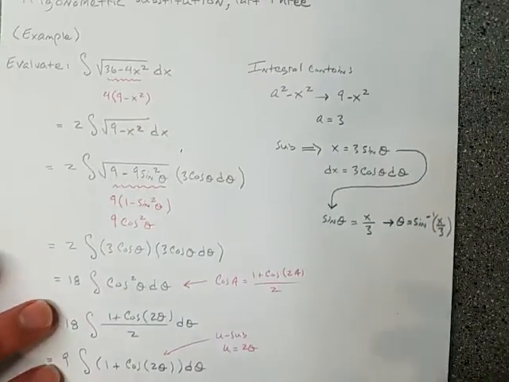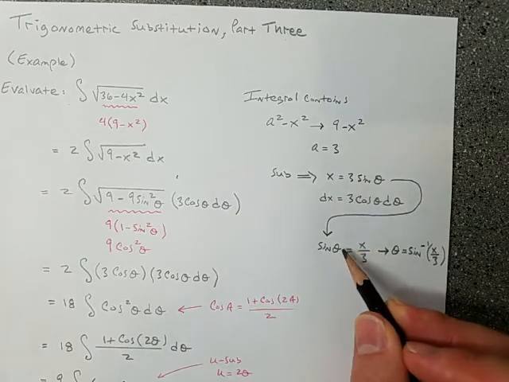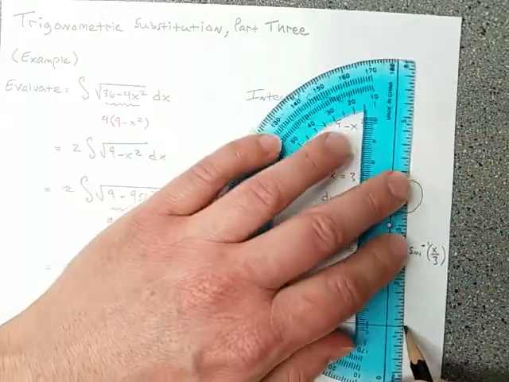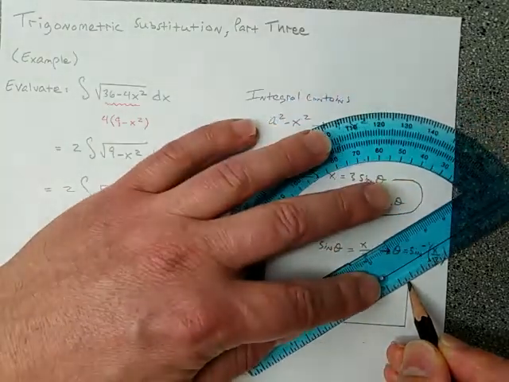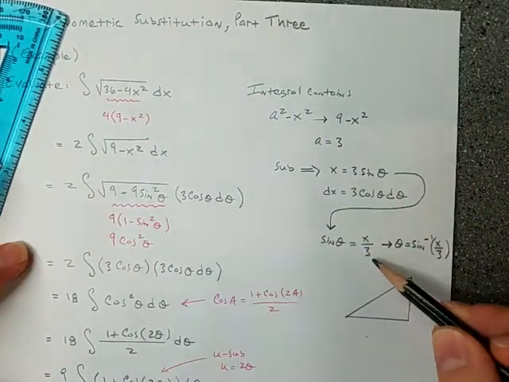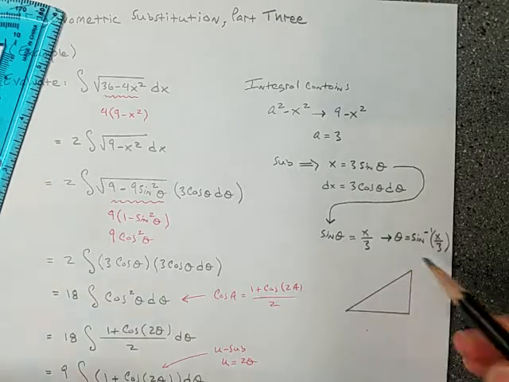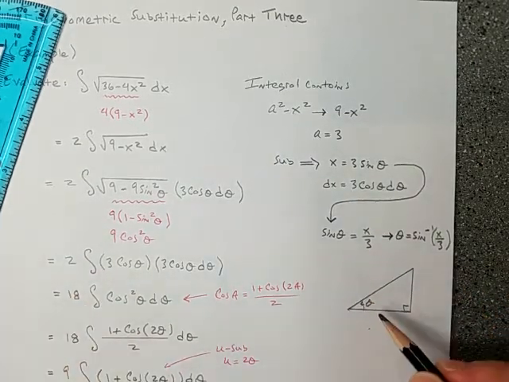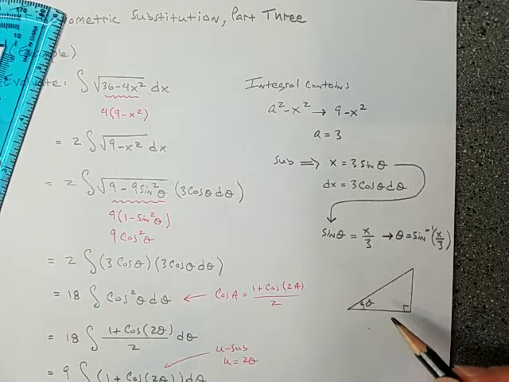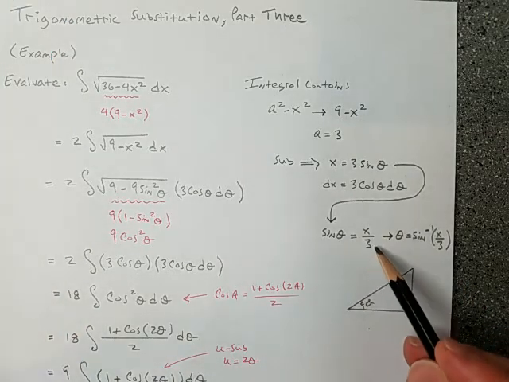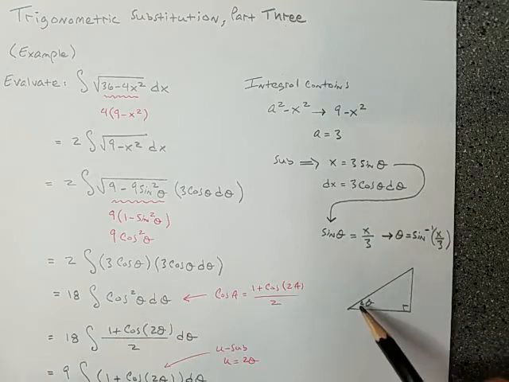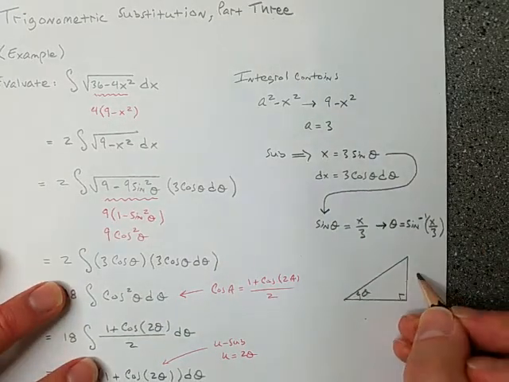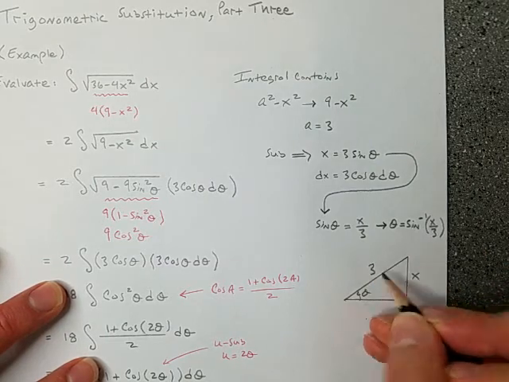All right, so let's see. Here, this tells me some information about my angle. If sine of theta is x over 3, what's that mean about theta? Well, I've showed you problems already where I've drawn a triangle to illustrate that. If sine of theta is x over 3, it might look something like this. And sine is opposite over hypotenuse. So that means that this is x and this is 3.